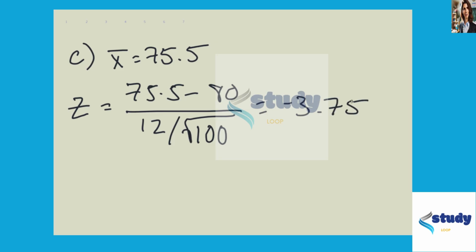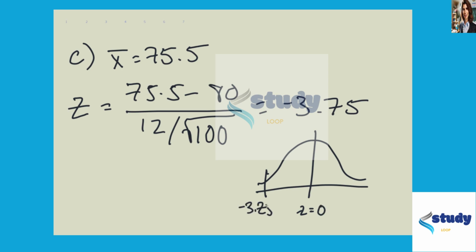Now we're going to draw our normal distribution. A z-value of negative 3.75, if we have z equals 0 here, would be somewhere here. We are looking at the area to the left of negative 3.75 and under the curve. This is equal to the probability of z being less than negative 3.75.